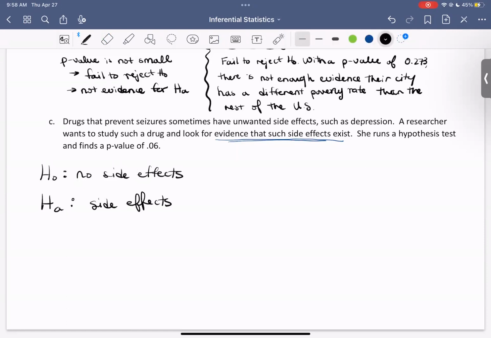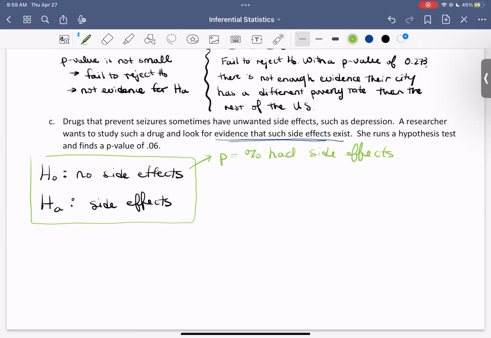All right, so what's our p-value here? So as is, we haven't written a population parameter, like a numerical value, but we get a sense of what we're looking for. So maybe what this would look like in context is that she'd measure the proportion of people in her sample that, say, had side effects. So the percentage that had side effects.